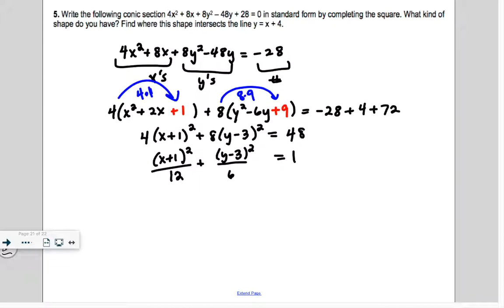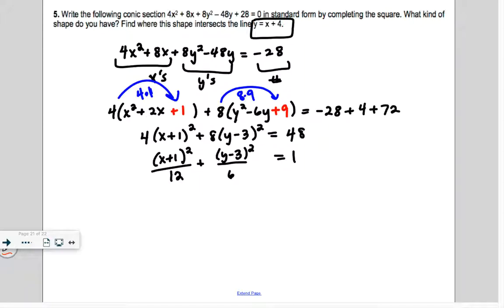So it says, find where this shape intersects the line y equals x plus 4. I personally don't want to use the one that has fractions. I would probably use this one, or the one before that. You can plug it in wherever. So if y is equal to x plus 4, replace your y's with x plus 4.